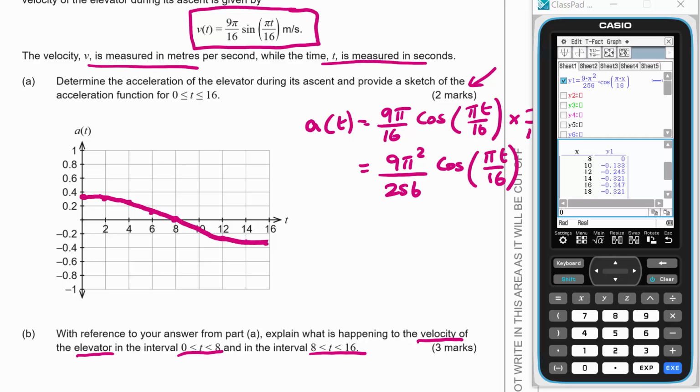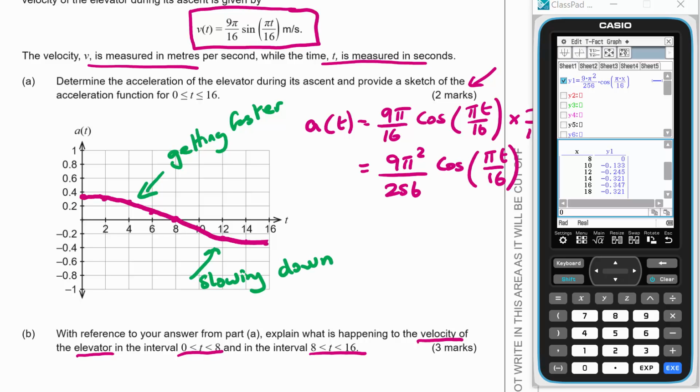So, what's going to happen along here? So, it's accelerating, the acceleration is positive, so along there it's always getting faster, and the acceleration here is negative, so that's when it's slowing down.